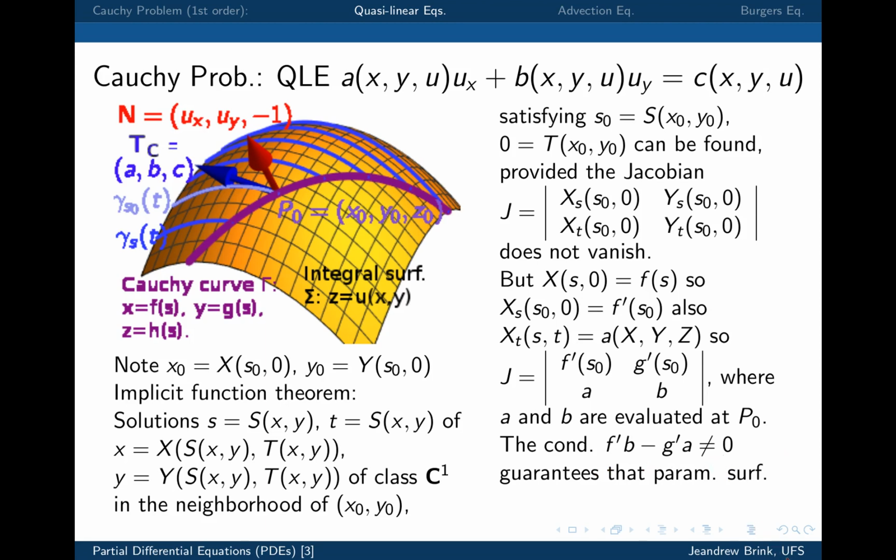I know I'm guaranteed a solution at all points at which it doesn't, but I pick out specifically those points at which it vanishes. So that's the first check that I do. Okay, because there in that region I have a local representation of my surface. So now we're going to look a little bit at what happens when it fails, or what in fact it means when it fails. And that's kind of cute too.